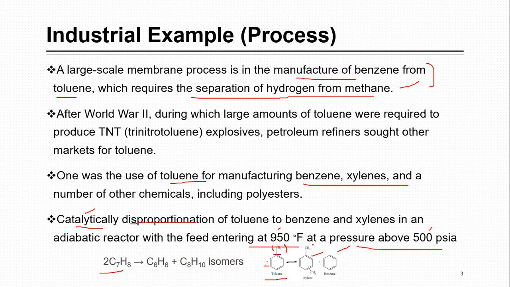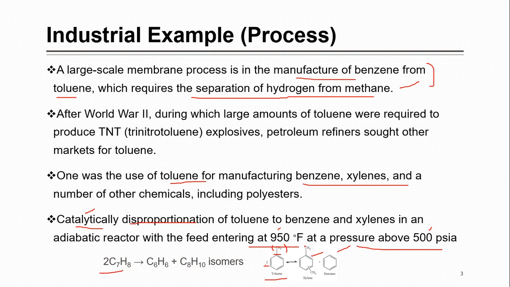At the same time, the coke or carbon released is deposited on the surface of the catalyst. When the catalyst surface is covered with this carbon, the active sites will not be available for the reaction, and definitely the reaction will become slow. There will be less production of benzene, paraxylene or other xylene isomers. So the problem is that due to this carbon deposition, your product is formed in less amount.